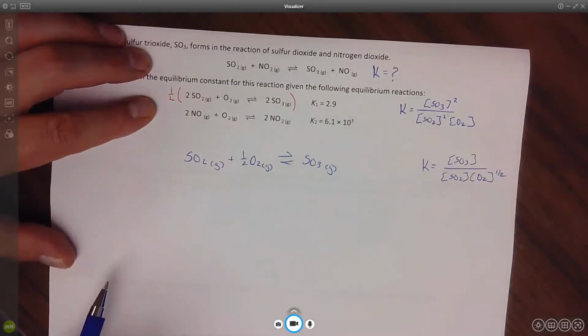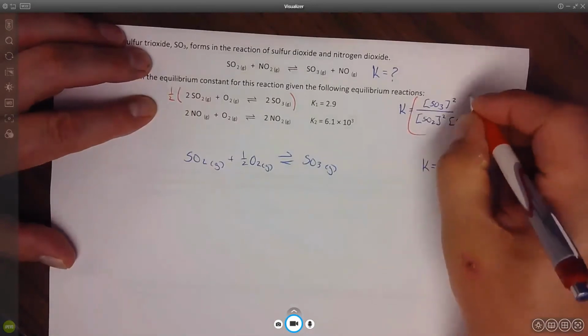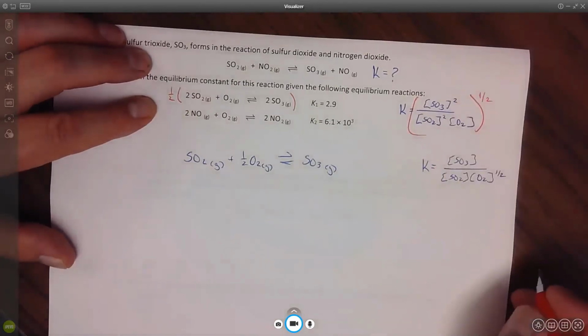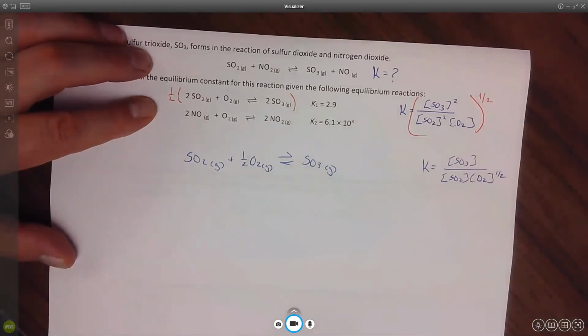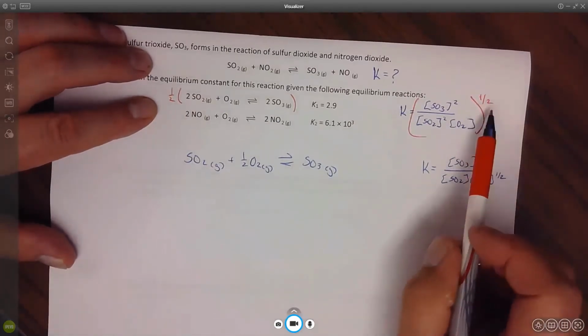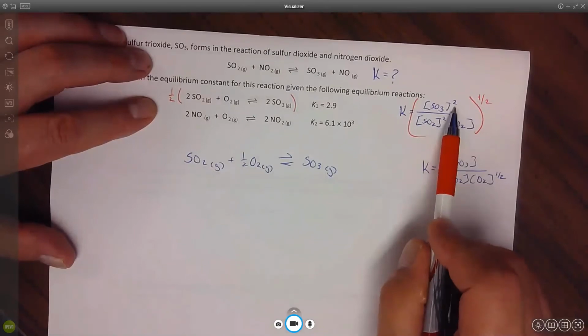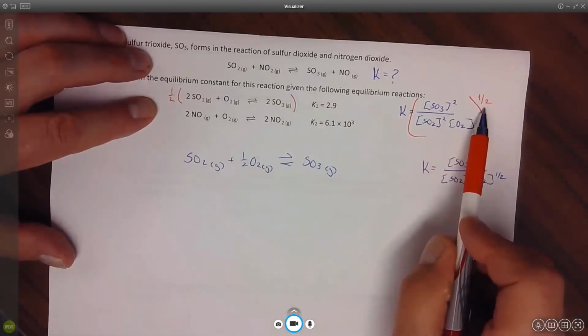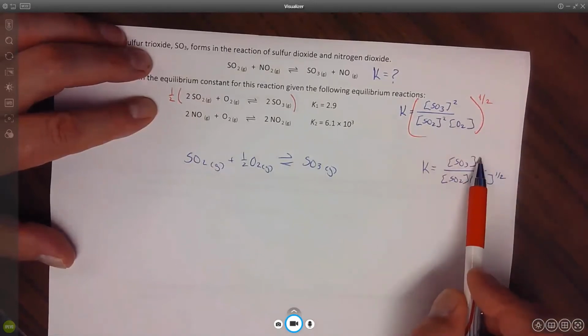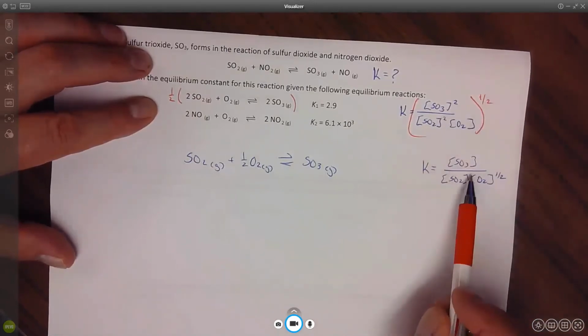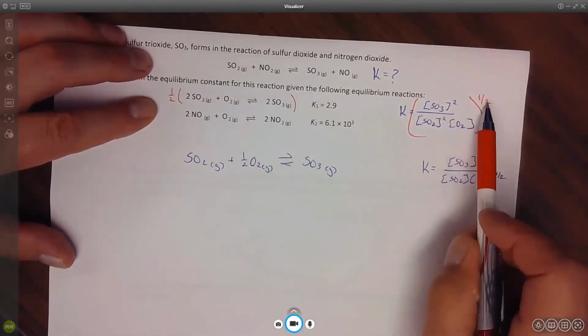Square root. The square root, which we could also say is just raising it to the 1/2, right? That is the same thing as saying the square root. Now remember, when you have an exponent raised to another exponent, we just multiply. So 2 times 1/2 is 1. 2 times 1/2 is 1. 1 times 1/2 is 1/2.